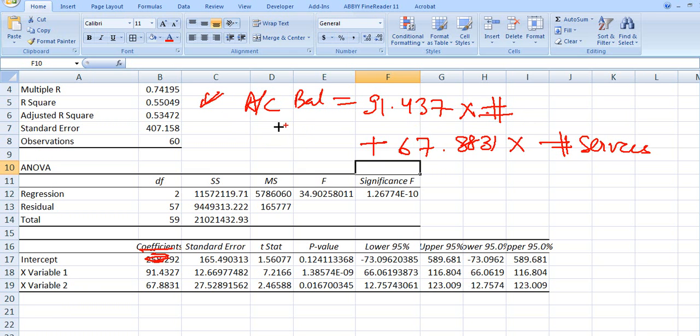Now what are the uses of this regression analysis? It can help you to identify those people with a higher number of services they are using, so you can get a higher account balance. So it helps you in product positioning, identification of the proper clients, etc. In case of finance, it is useful in finding out the factors in which you can decompose your return and you can target those.